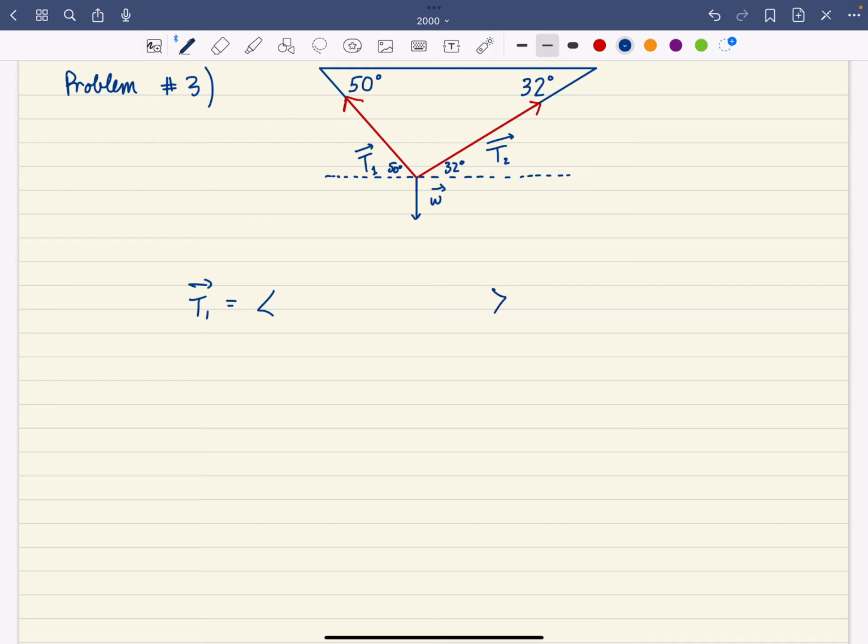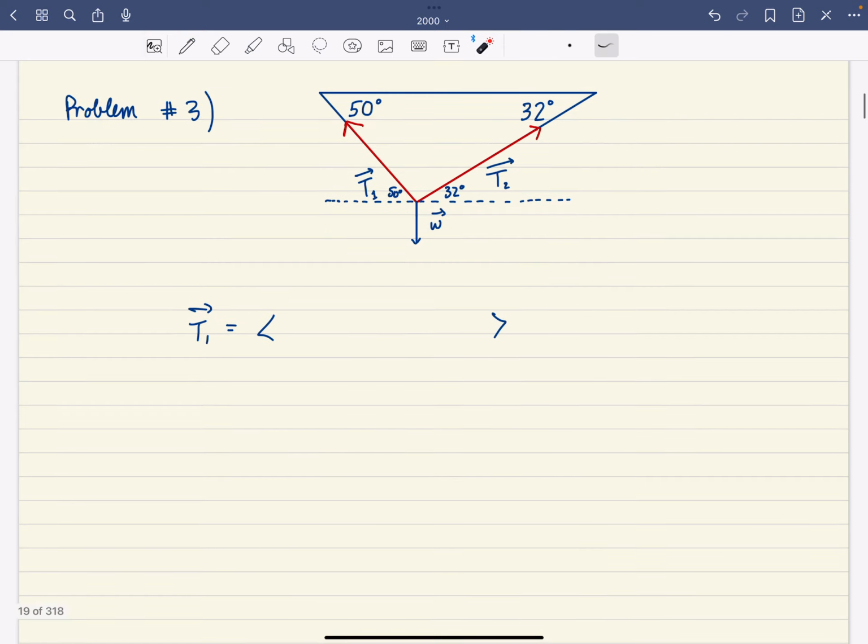So what I'm thinking of here is adding, I'm not going to draw it, but I'm going to think about adding an axis here and here, and we want to know what are the x and y components of this first vector T1. And so to do that, we'll take cosine of the angle that T1 makes with the x-axis, so that'll be cosine of 130 degrees times its magnitude.